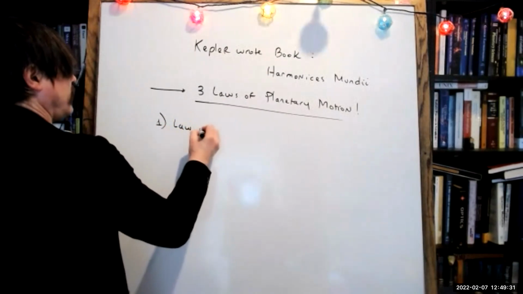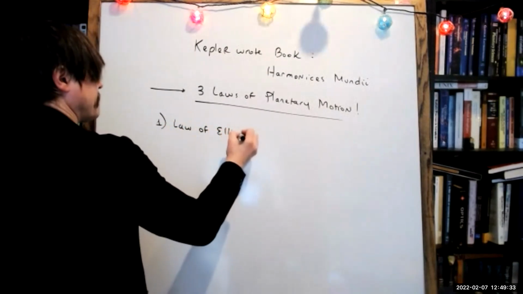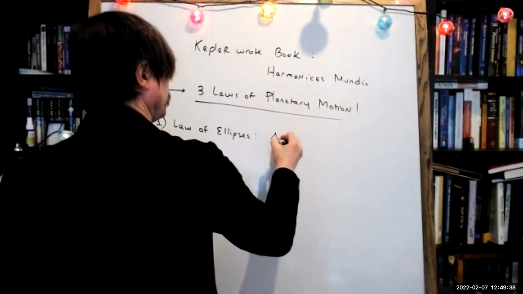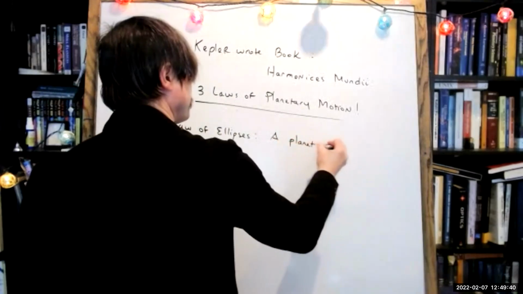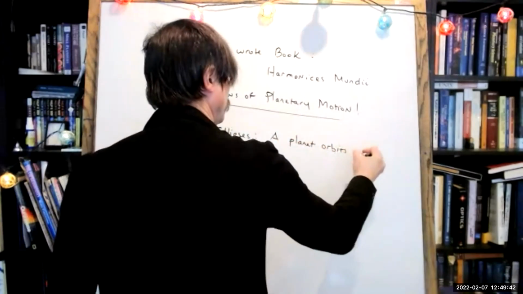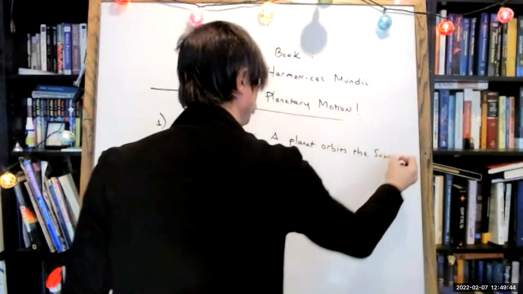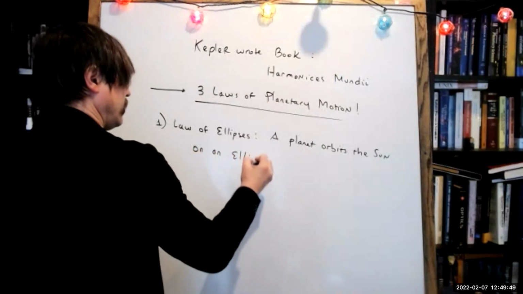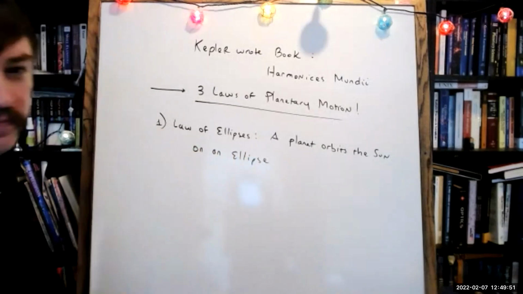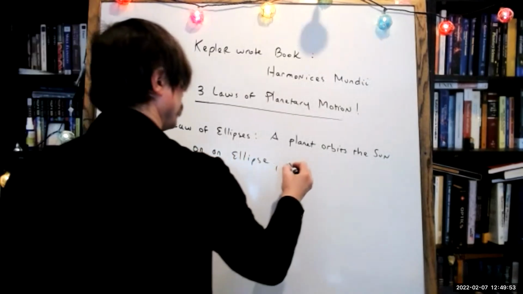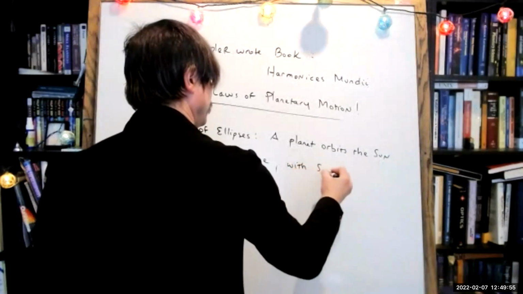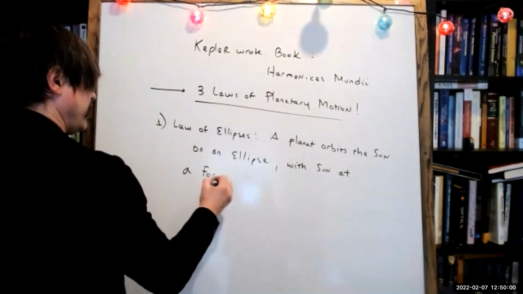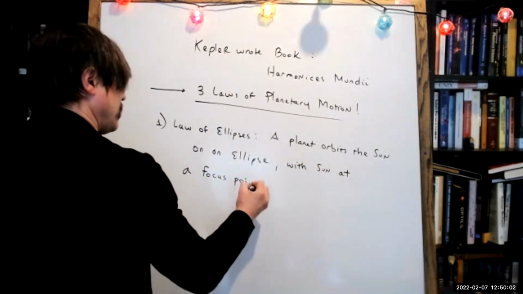First, the law of ellipses. The law of ellipses states a planet orbits the sun on an ellipse with the sun at a focus point.